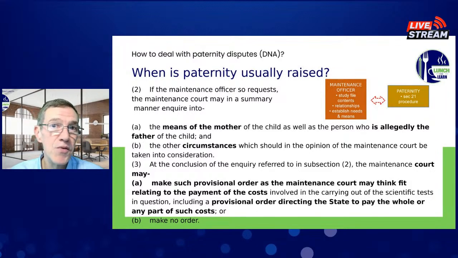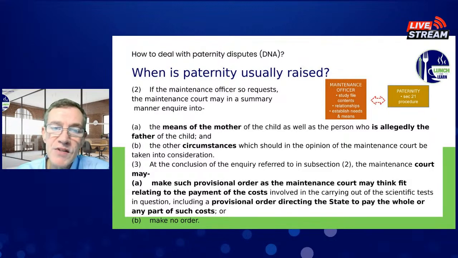Has he paid for the damages in terms of customary law? Those are all the circumstances for the court to evaluate and to see who needs to pay what for the paternity test. After the court has done this inquiry, the court may make any provisional order that they deem fit.